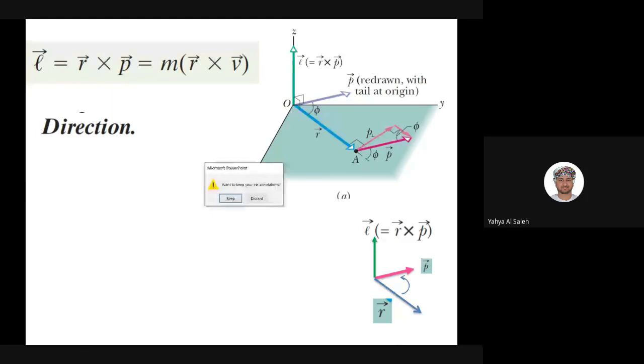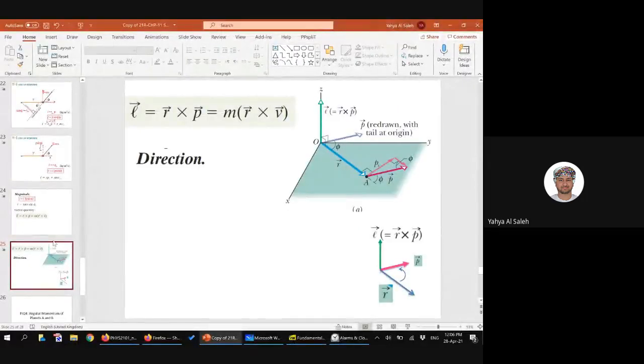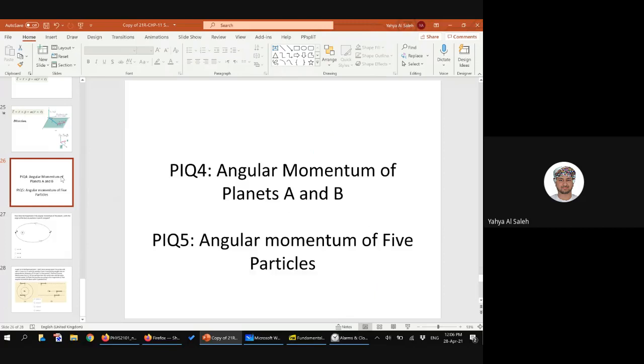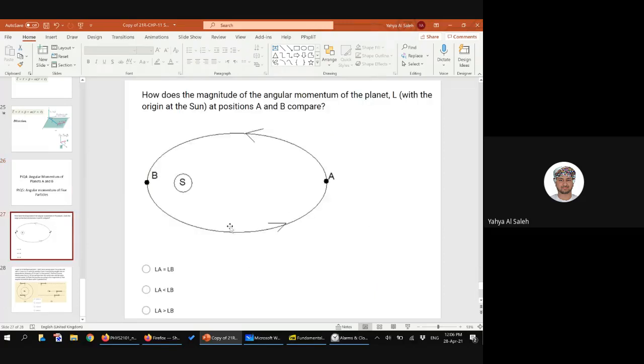You might be asking yourselves, okay, what is the point of all of this? And I will tell you as soon as we're done with these upcoming PIQs. You have all seen this angular momentum thing before, you just haven't really known that you were looking at it.